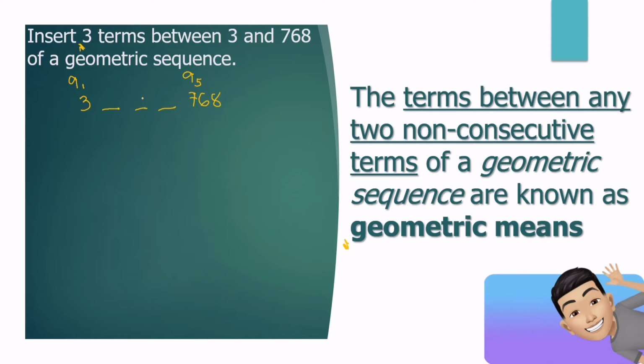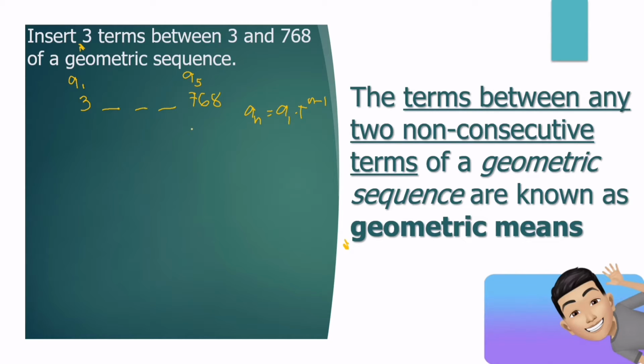Para makuha natin yung mga susunod na terms na ilalagay natin in between 3 and 768. Pero alam nyo bang yung formula ng nth term ng geometric sequence ay pwede na natin gamitin yon. So, what is the formula? A sub n equals to A sub 1 times R raised to n minus 1.